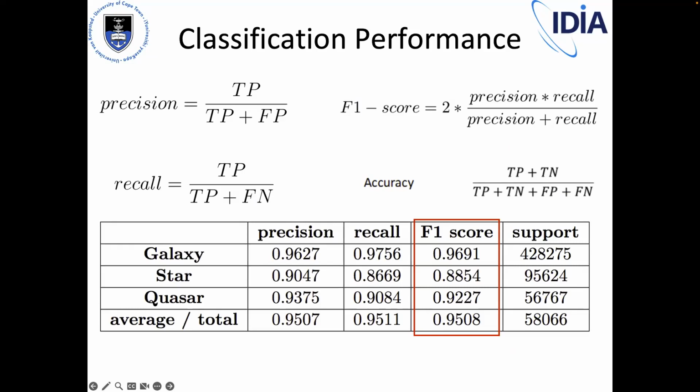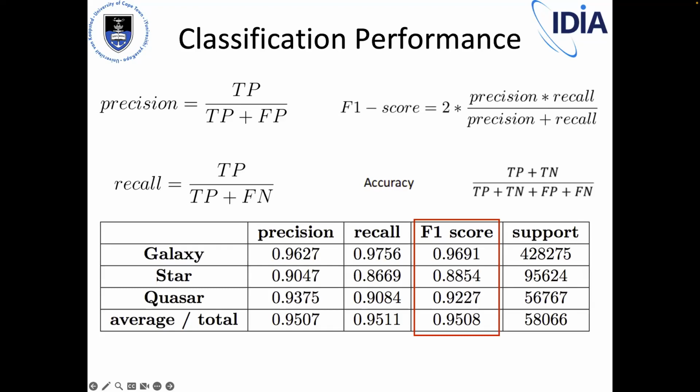Here I define three or four ways in which you can measure the performance. One is the precision, which astronomers mostly call reliability, but in machine learning it's almost invariably referred to as precision, so it's good to keep that in mind. Recall instead is the completeness, so how many of the real sources you actually pick up.